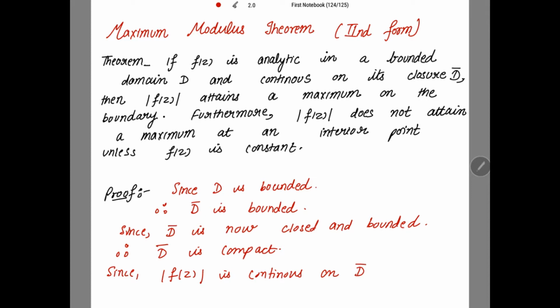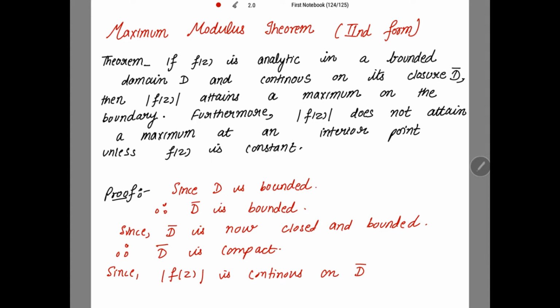Because it is bounded, it can attain a maximum somewhere in that domain. Now this function is continuous on D bar, so it is also bounded on D bar.